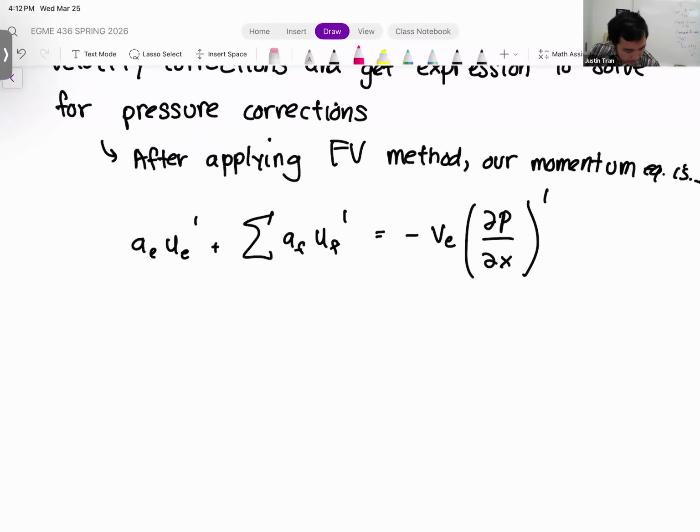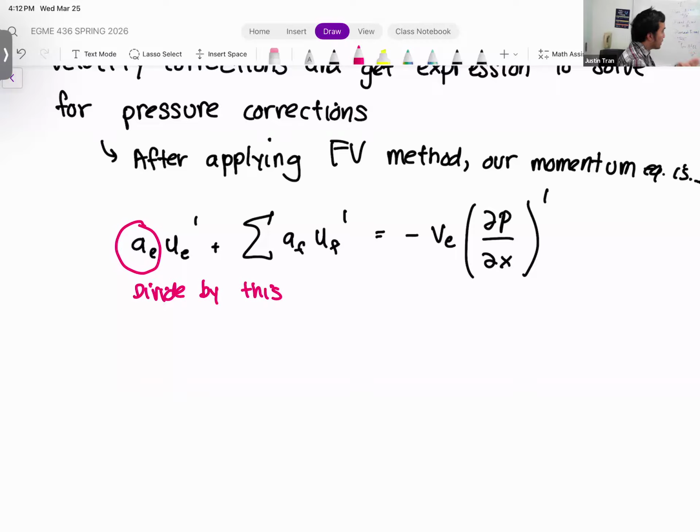So next, I'm going to divide this entire equation by AE. Essentially, we're going to take this momentum equation and solve it for just one of the velocities.